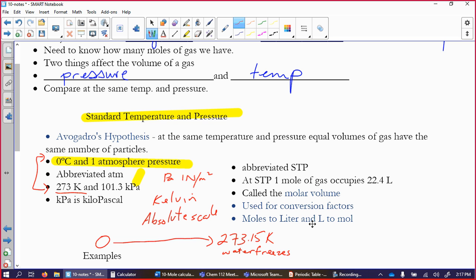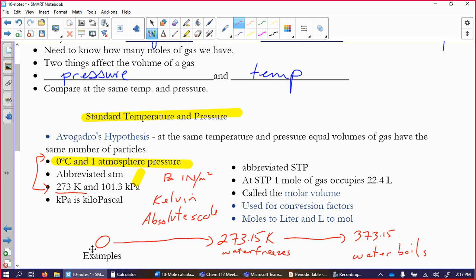The freezing point of water, or 0 degrees Celsius, is 273 Kelvin. And that way, we avoid that whole 0 business.